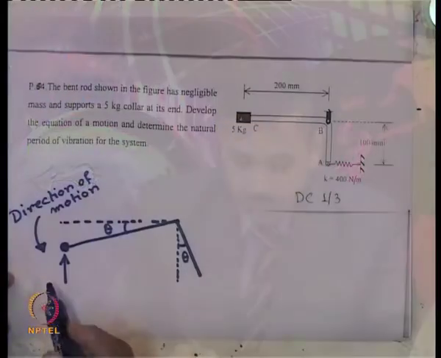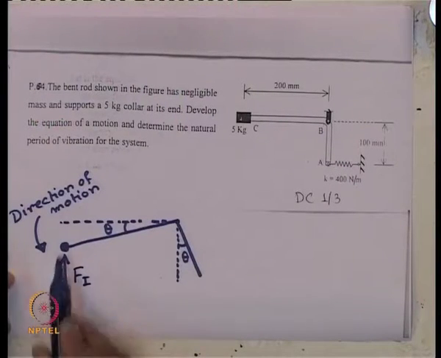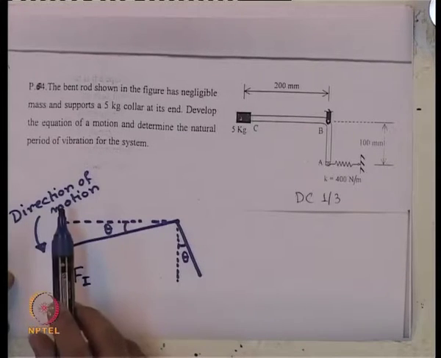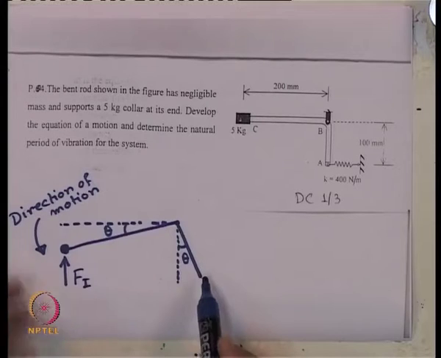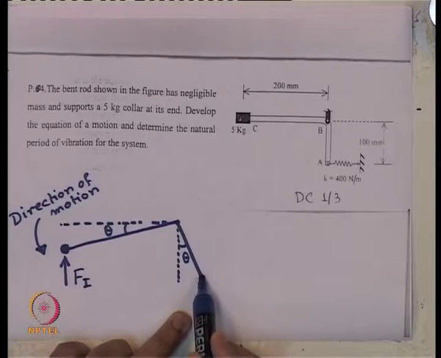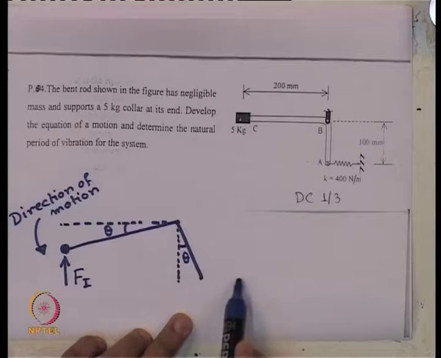So, the inertia force what we are considering here is acting in this direction, which will try to put it back in its original position. So, that is why it should act in the vertically upward direction. And at this point, there is a spring attached to it, which has been compressed.